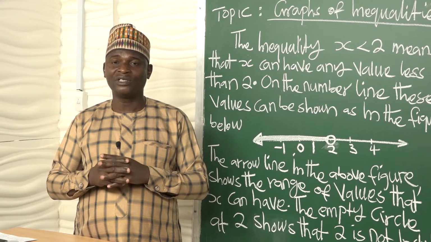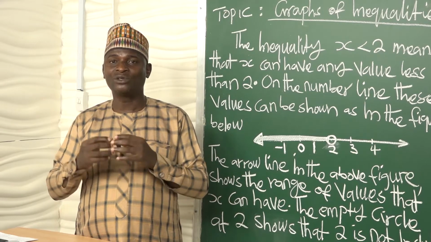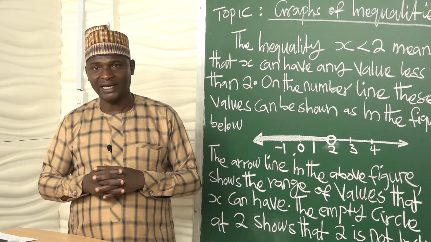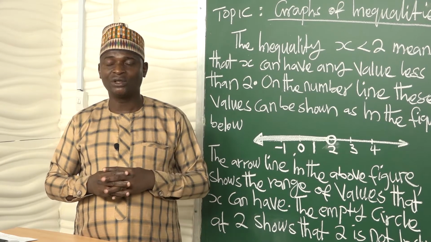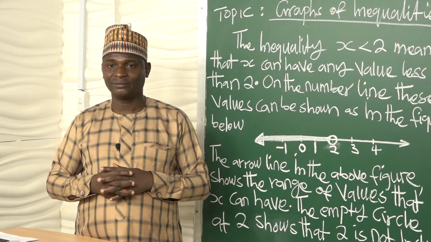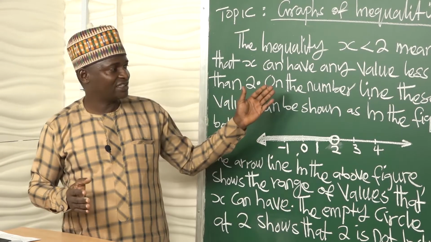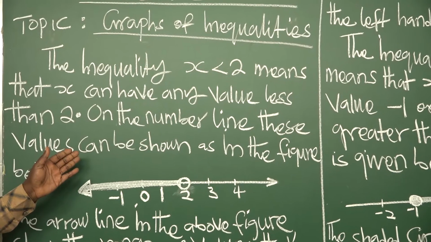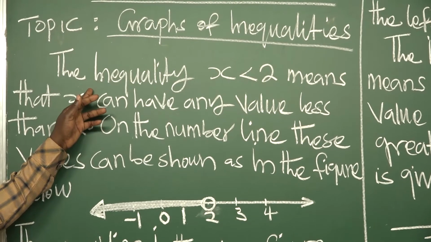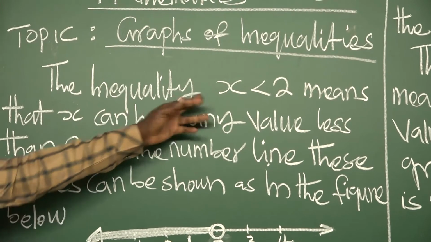Therefore, a graph of an inequality is a graph drawn on the number line, depending on the solutions of the inequalities given. Look, for instance, at what we have on the board here. We have been getting solutions such as this.